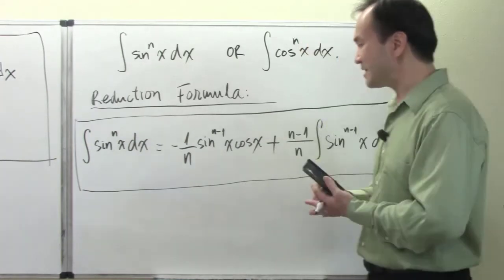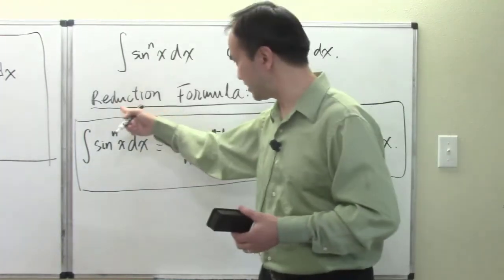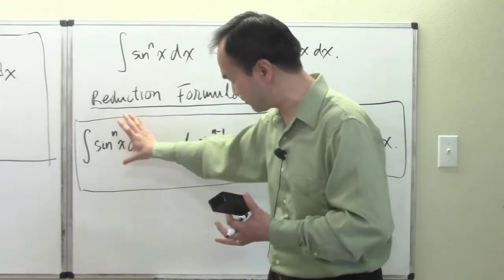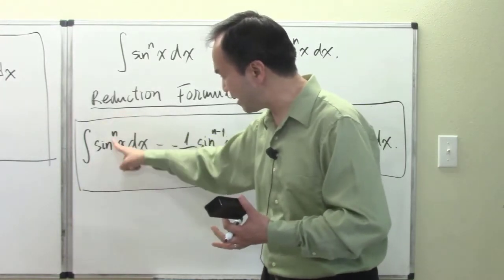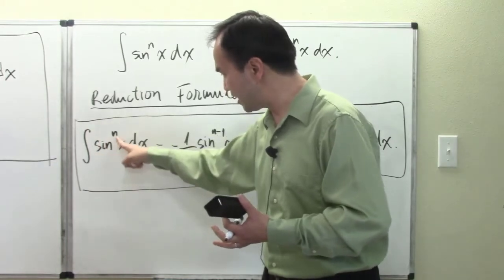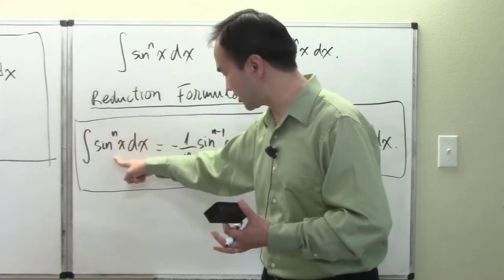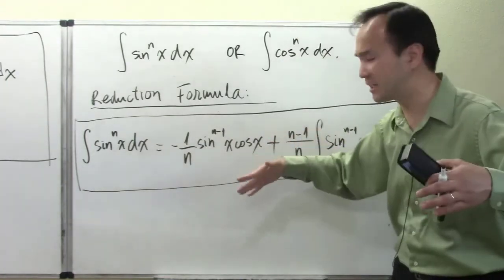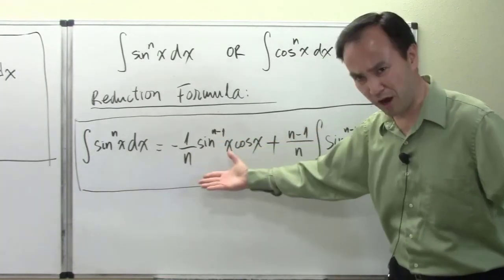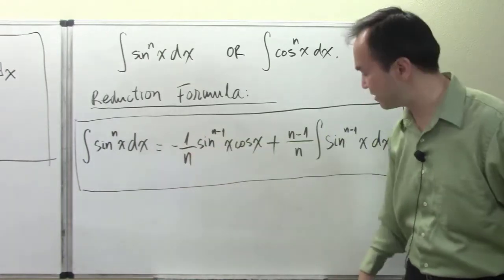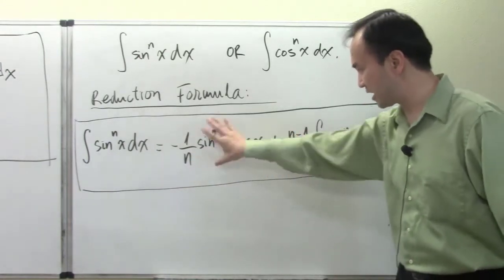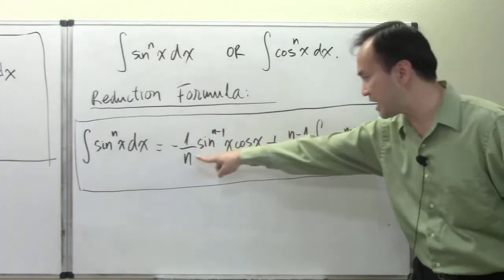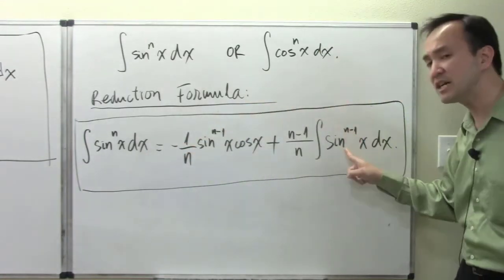This formula is a reduction formula in the sense that when we observe it, we can see that it starts out by finding the integral of some n power of the sine function, and then it has something fancy. It didn't really solve the problem with the formula, but at least it gets some part done, and then this formula led us into another integral.